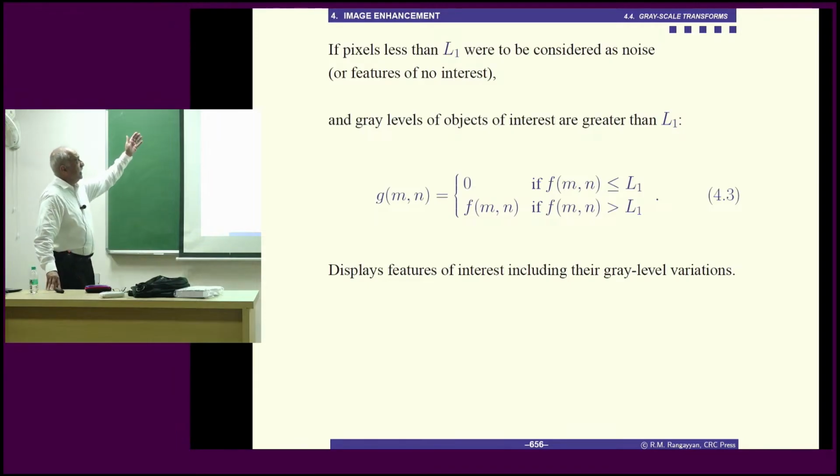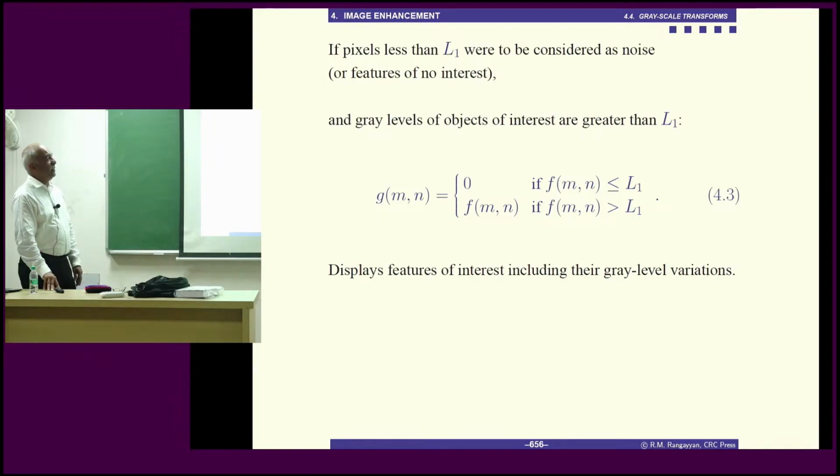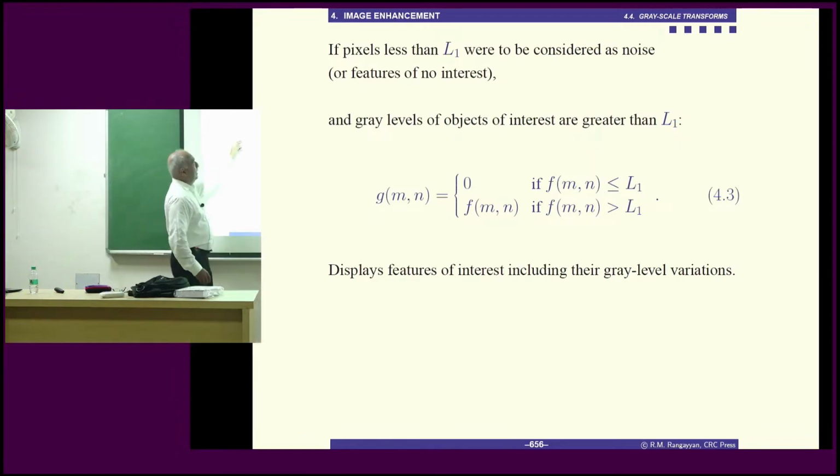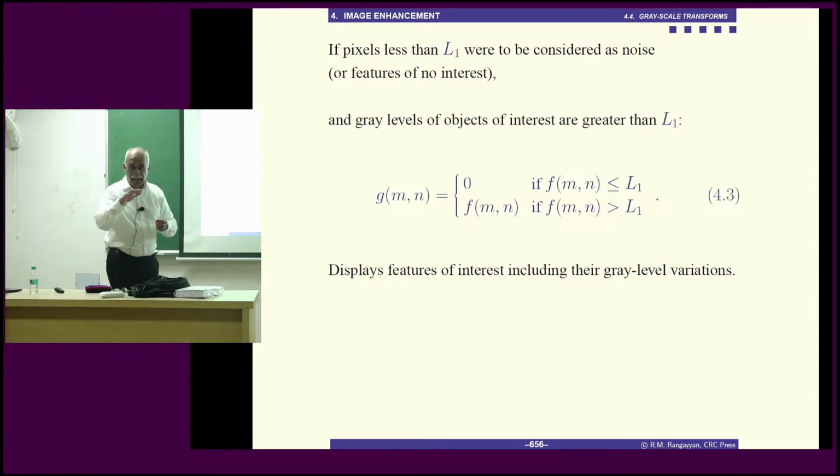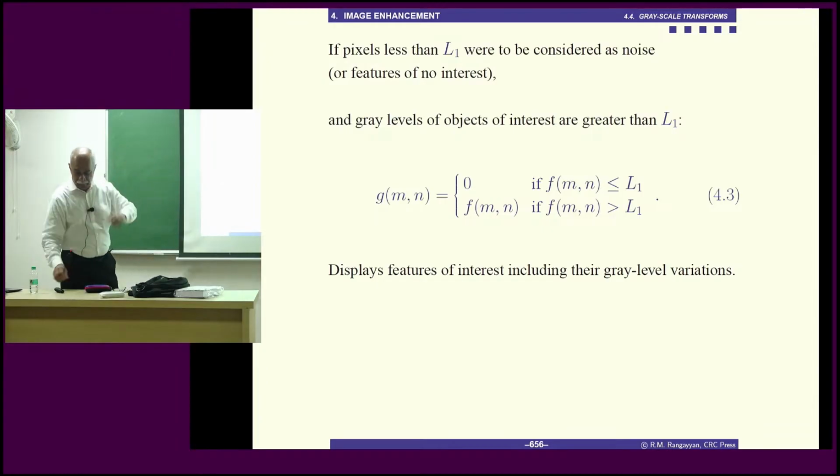So essentially you're saying pixels less than L1 are noise or background that I'm not interested in, and gray levels of objects of interest are greater than L1. You can also say if it is less than L1, I'll make it 0, but if it is greater than L1, I'll keep the original value. So the variations are retained.